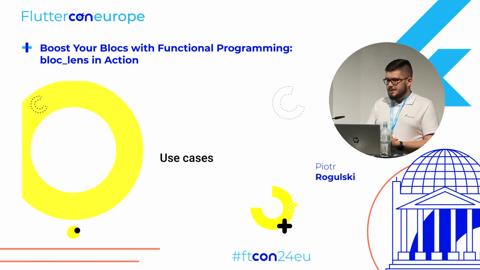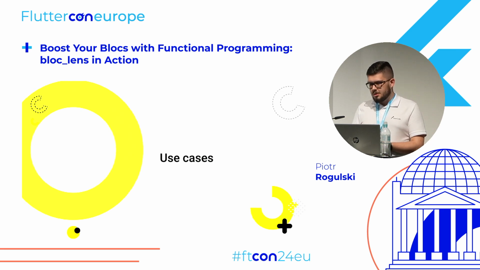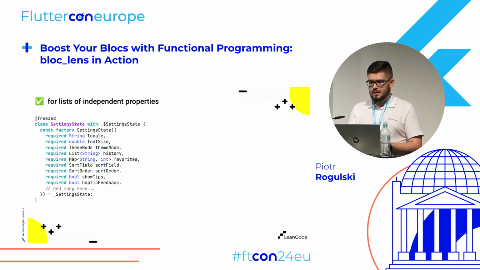So what kind of states can this library be used for? It's not always the best idea to use this package, because it provides a very specific way of accessing and modifying the state. So where is it actually worth using it? If you have a state with a lot of properties that should be separated from each other, for example, settings.